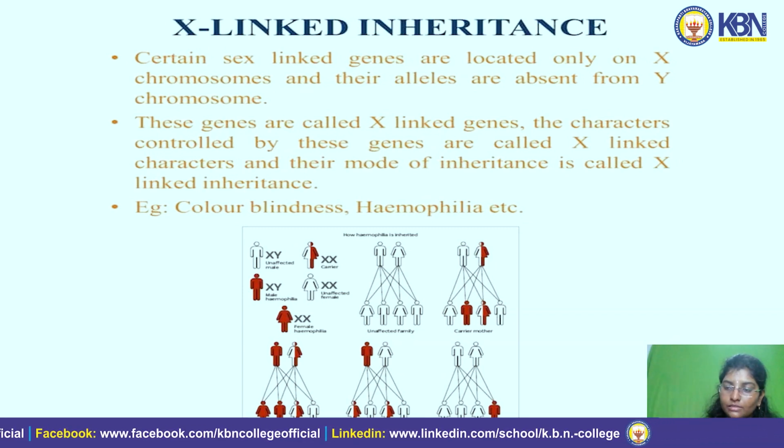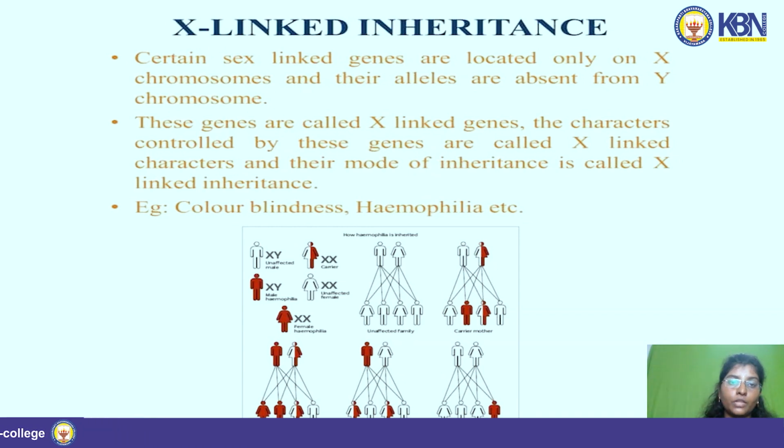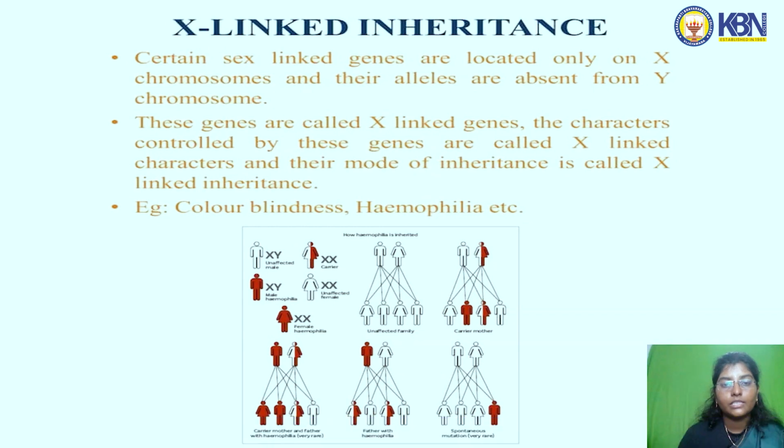These genes, present only on the X chromosome, are transferred to the offspring. These genes are called X-linked genes, the characters transferred from parents to offspring are called X-linked characters, and the complete pattern is called X-linked inheritance.